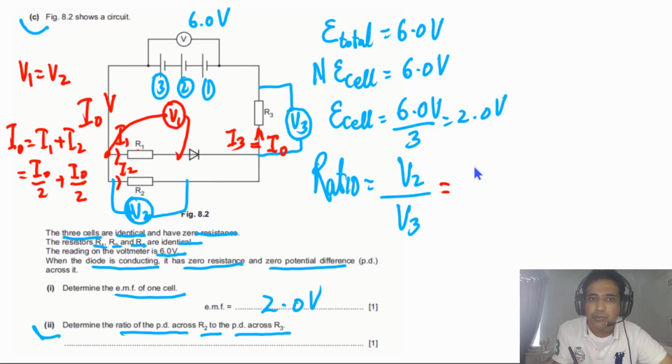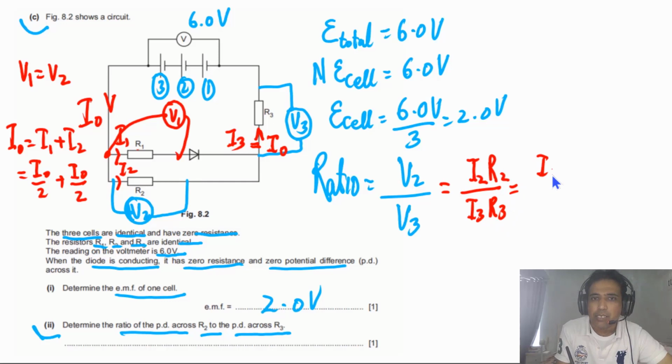Now we can simply write down here V2 divided by V3, this has to be equal to I2 times R2 divided by I3 times R3, since resistance is the same.